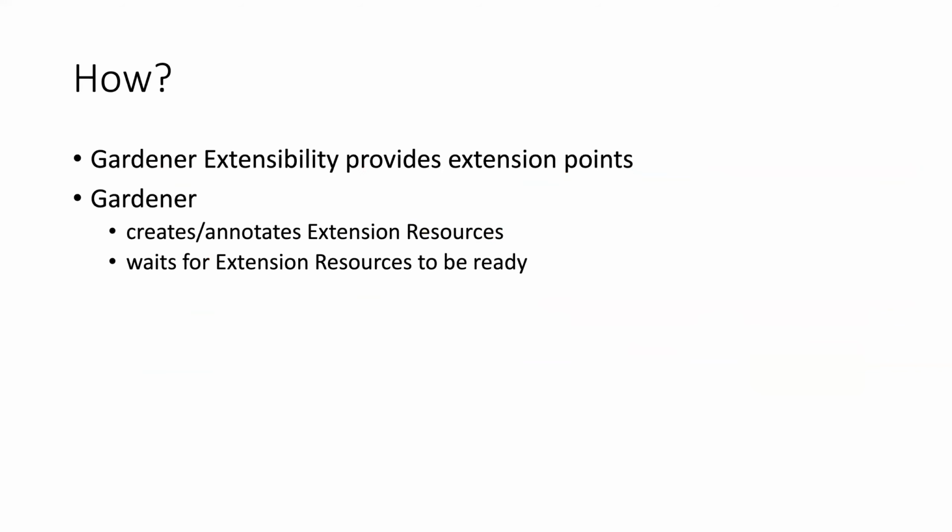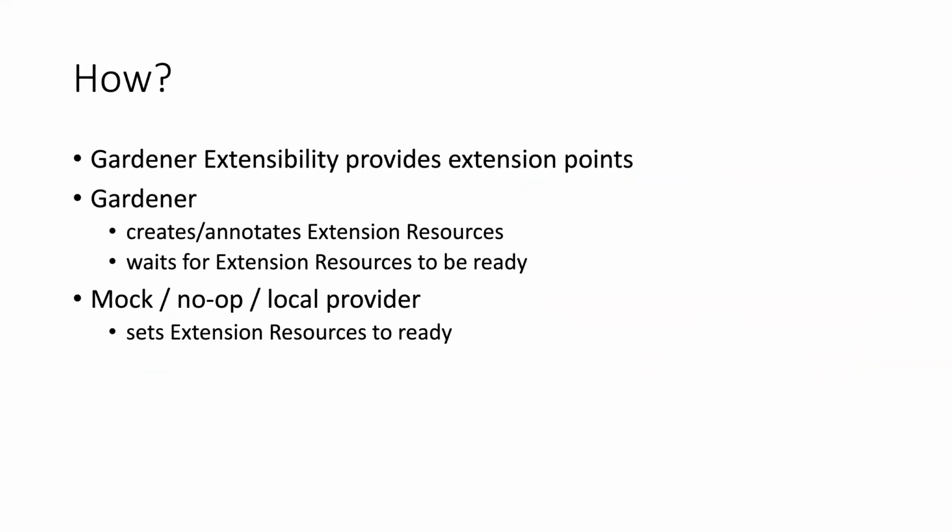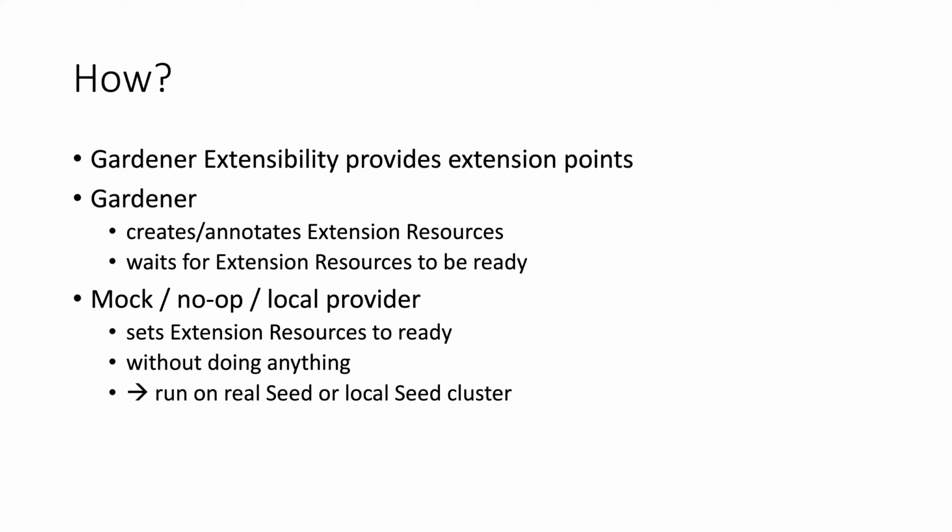So basically, a mock provider or NoOp or local provider, however you might call it, could set all of those resources to ready, but without doing anything. You could run such a local provider or mock provider on a real seed, of course, but also on a local seed to develop Gardener completely locally.